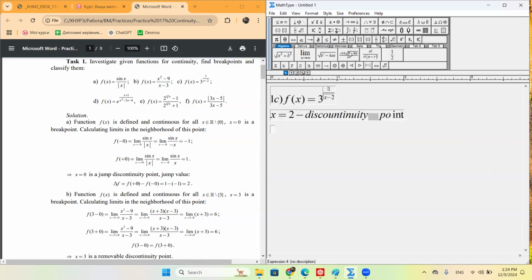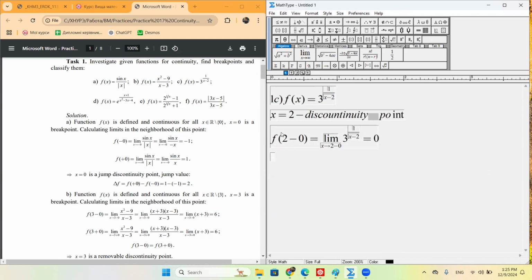So again, calculating limits. At the point 2 minus 0, if I substitute, we receive 3 in the power of minus infinity, and it equals 0.